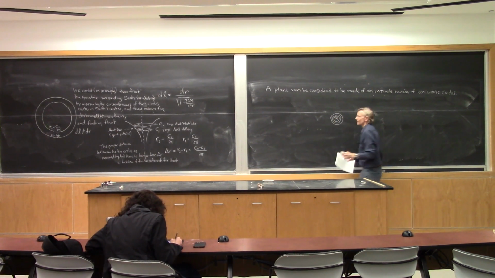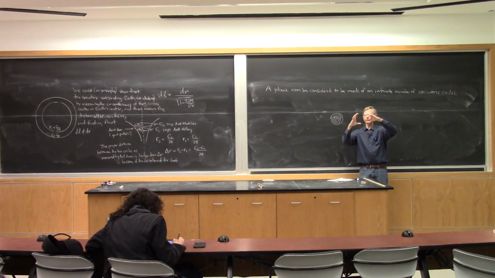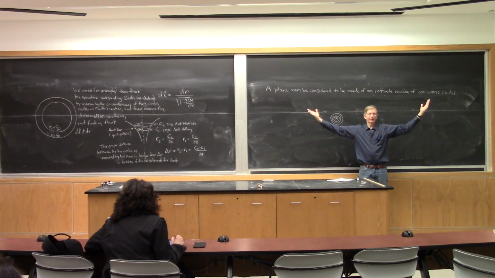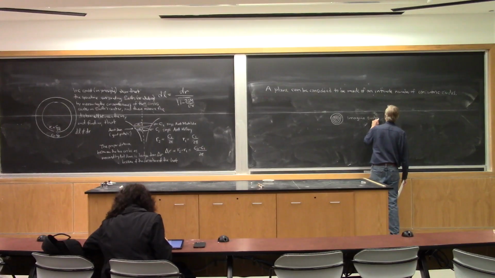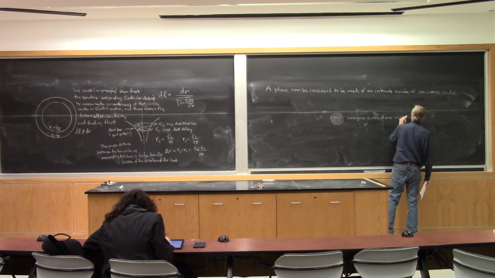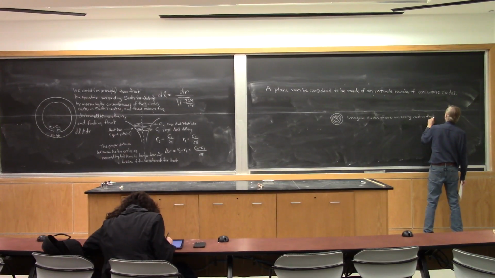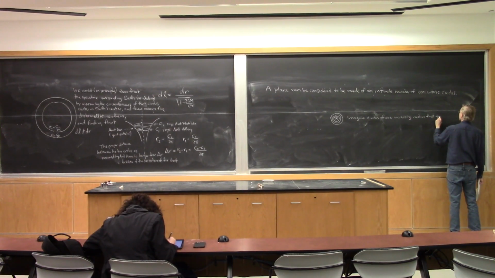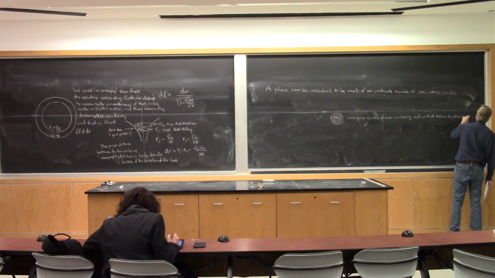Imagine I start with just the dot there, and I just make circles of ever increasing radius that when you put them all together is the plane. Imagine circles of ever increasing radius that taken together are the plane.